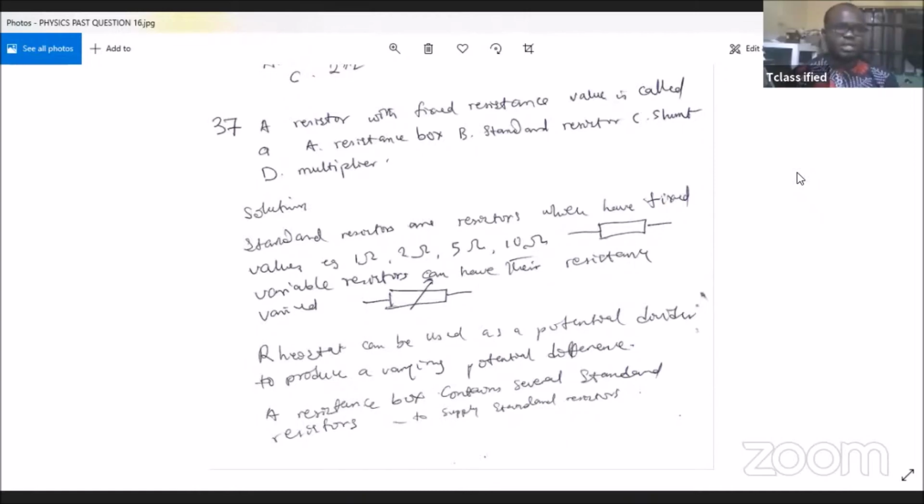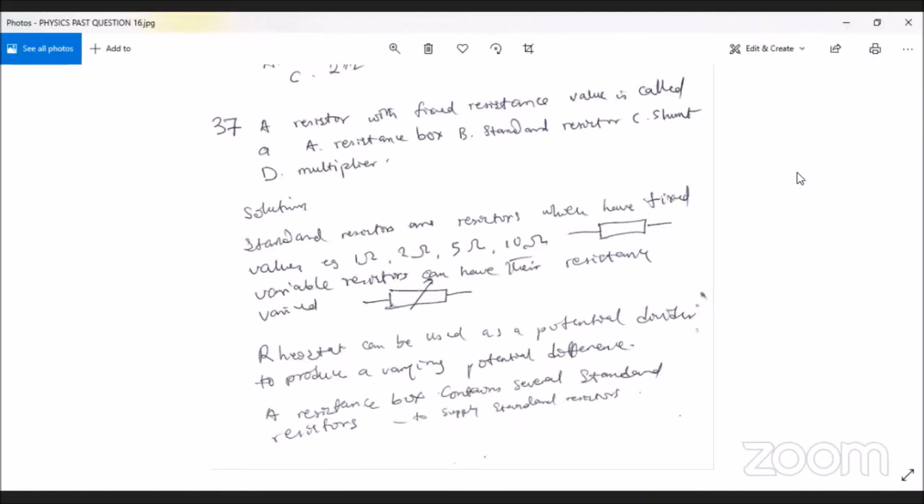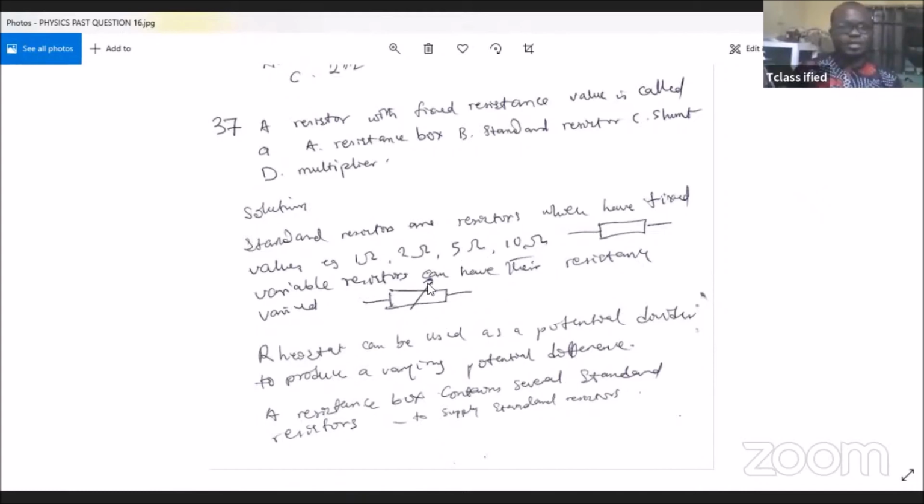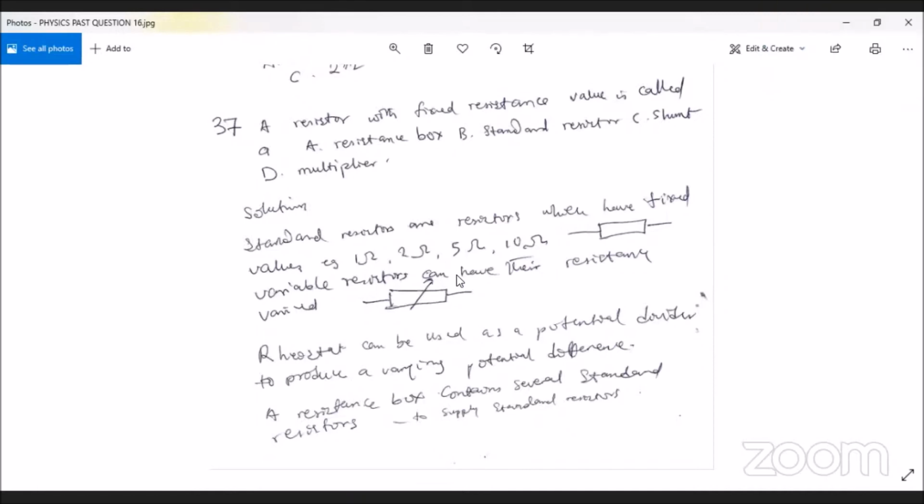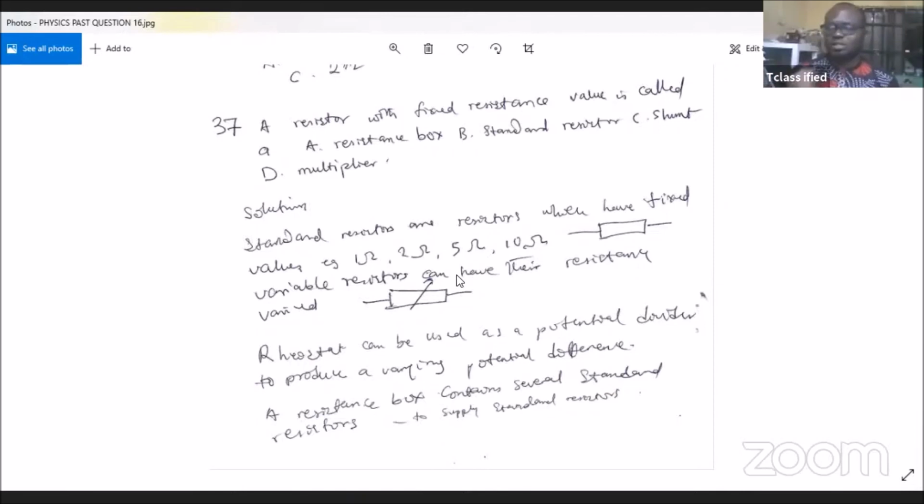You can actually use rheostats to supply varying potential difference. But what I gave you is for variable resistor, so they have the same diagram. I'm not sure about the one for the rheostat, unless that's what you've seen as the diagram for rheostat.